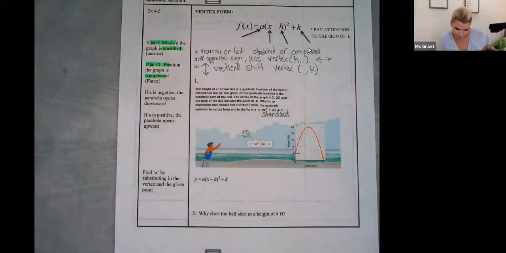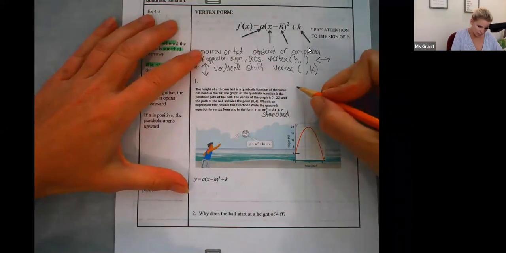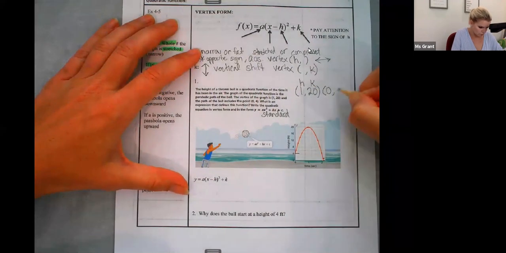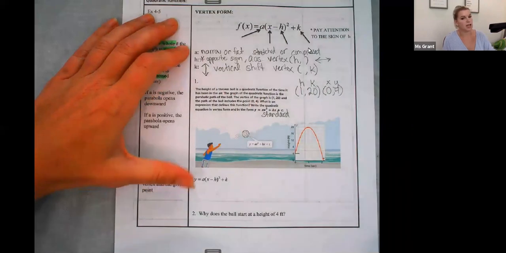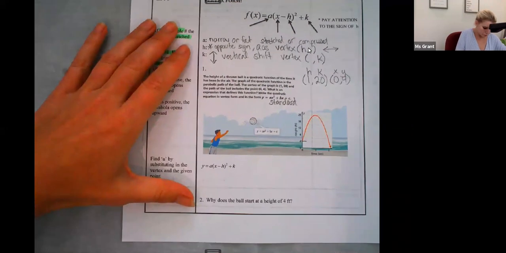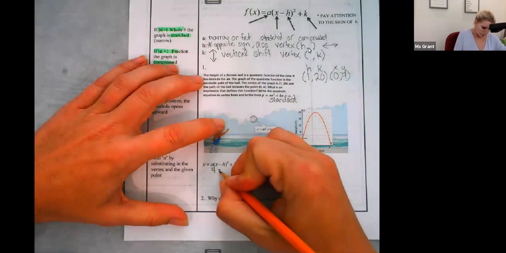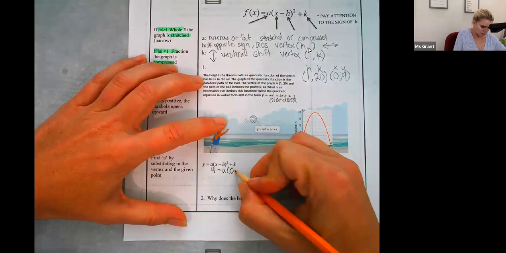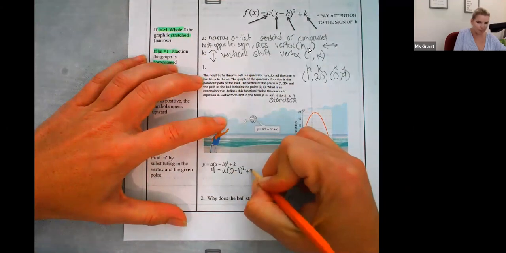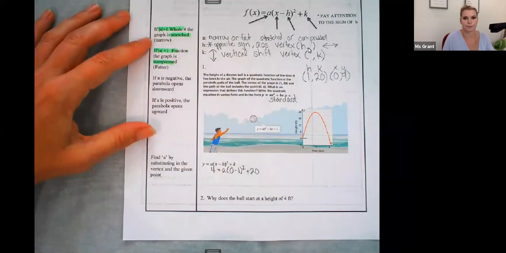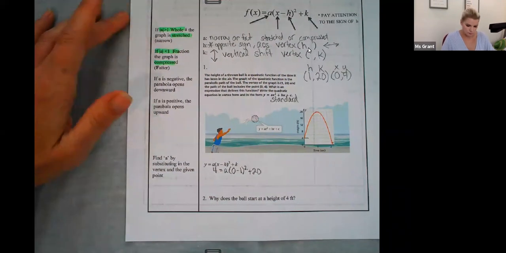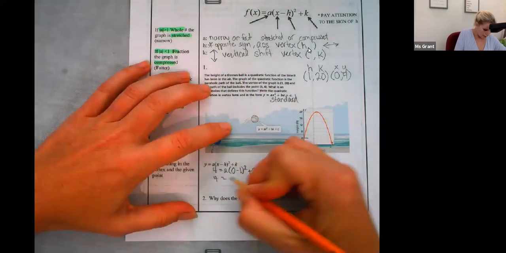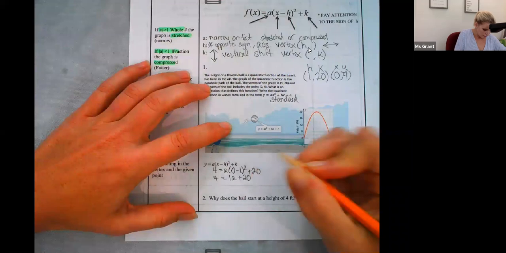So here's what we're gonna do. I'm gonna use this information like I did yesterday. H, K, X, Y, here we go. 4 = A, I don't know what A is, (0 − 1)² + 20. Then I'm solving. 4 = 1A + 20, minus 20.